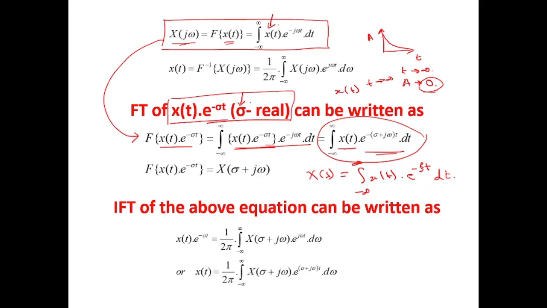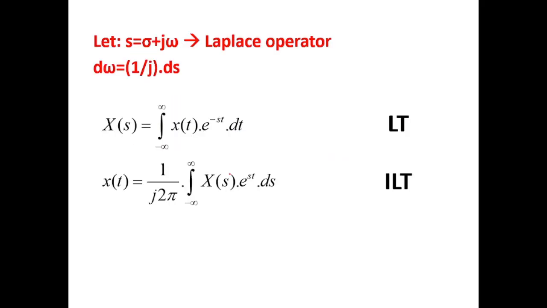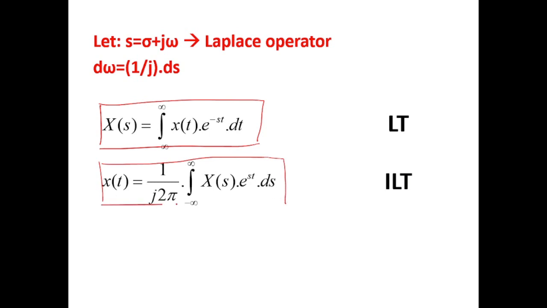Basically, s is equal to sigma plus j omega, so we are coming to a new complex domain. This is the Laplace transform equation, and this is the inverse Laplace transform equation. Together they form the Laplace transform pair.